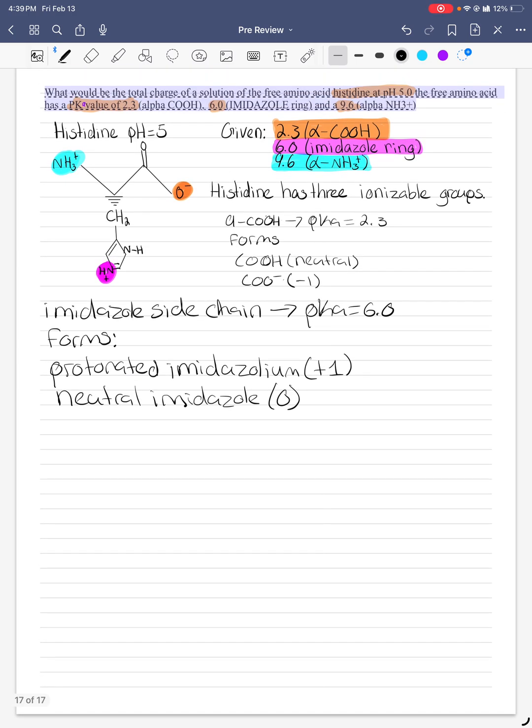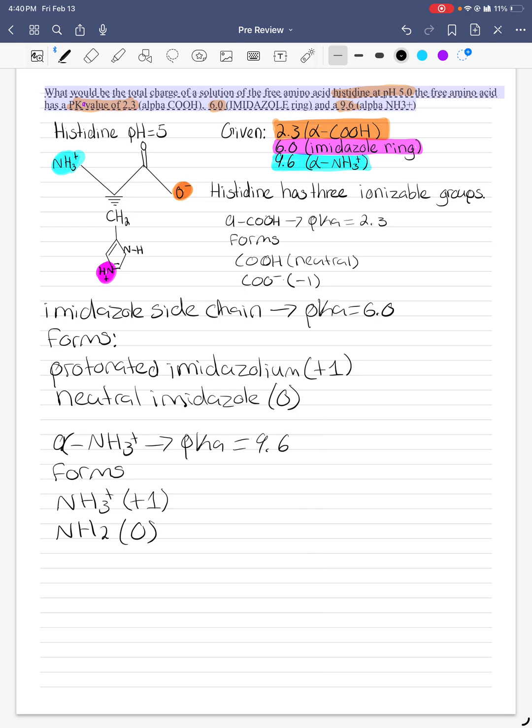And then we have an alpha NH3 plus, and the pKa for that is 9.6, and it forms NH3 plus, which gives us a +1 charge, and then it forms NH2, which gives us a 0 charge, right?